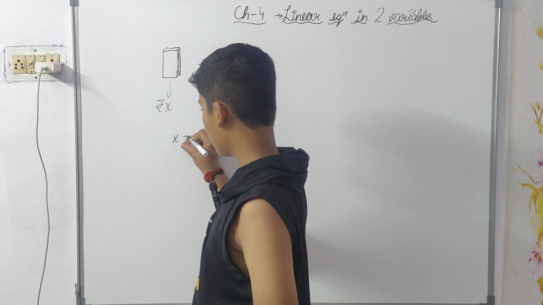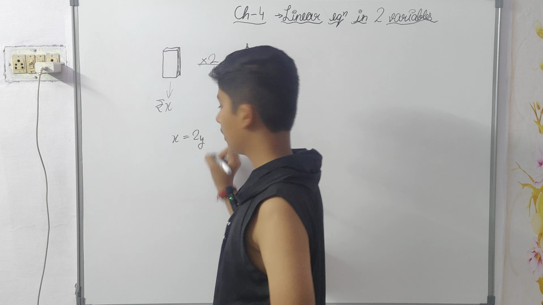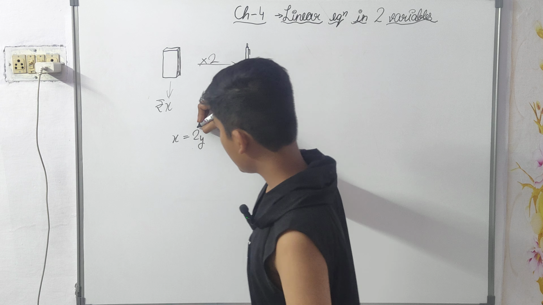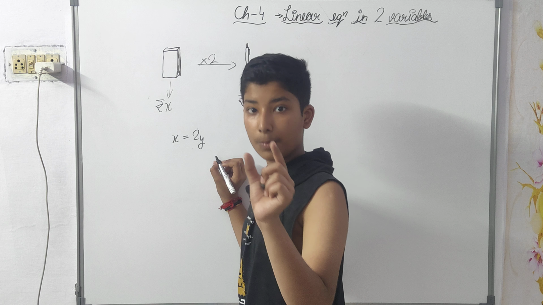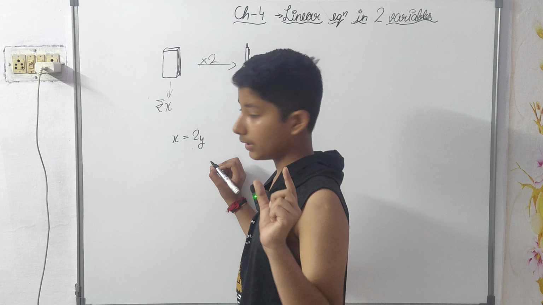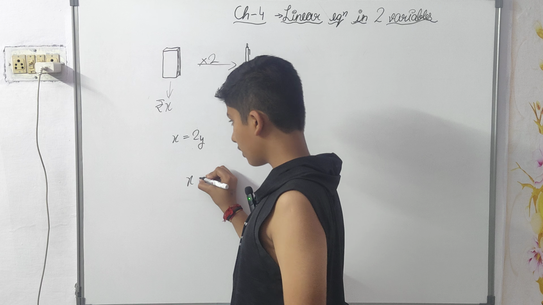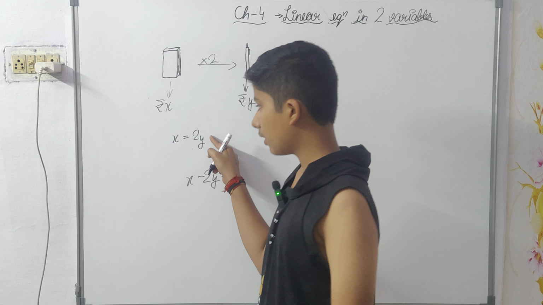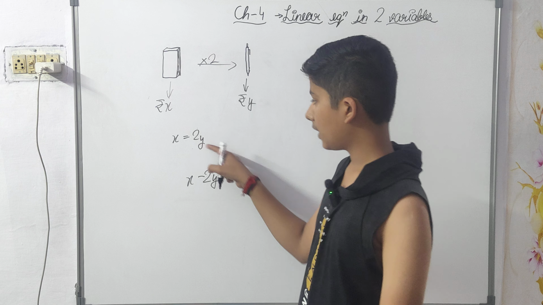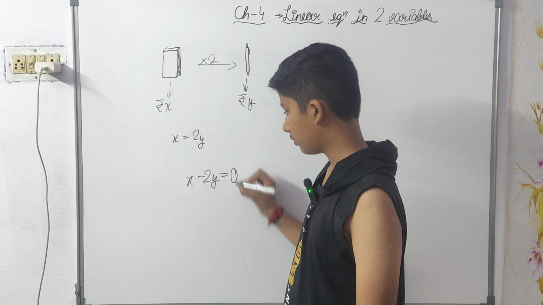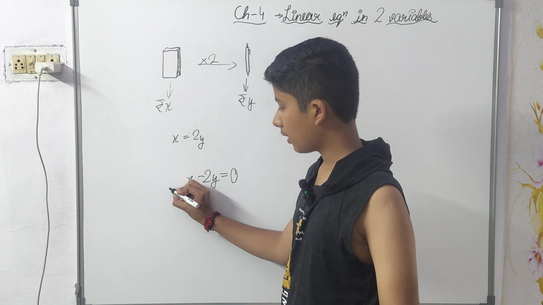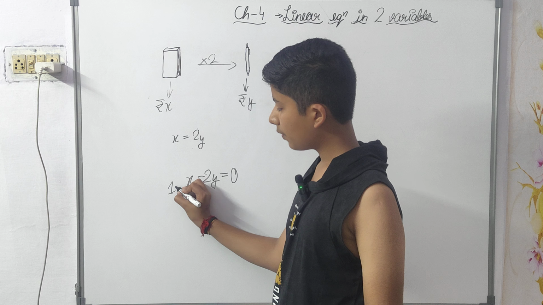So, x equals 2y. We have to form the equation. But this is not the equation. Firstly, I told you that x minus y or x plus y should be there. So, x minus 2y, and this one is sent there. So, what will be left here? 0. Okay. So, x minus 2y is 0. This is the answer of the first question.